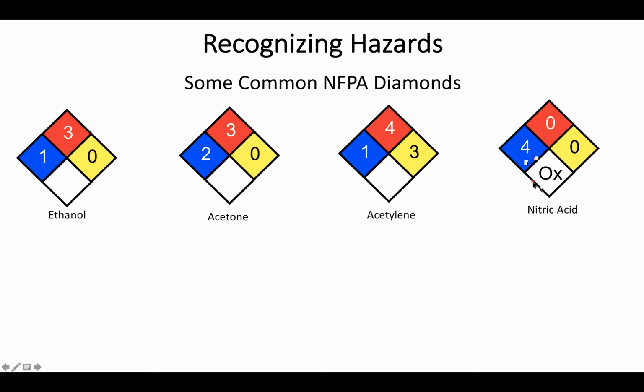But the real danger actually comes from here, the oxidative reactivity. Because while it might not react with itself, it loves reacting with other things. So again, watch out for this white square, because that can hide a lot of things that might not be present in the other squares.